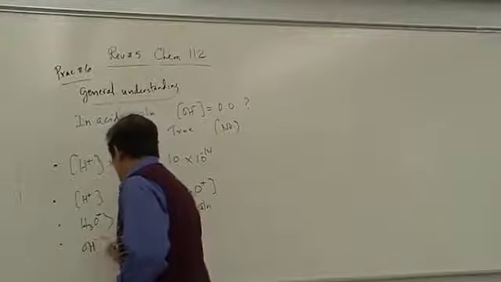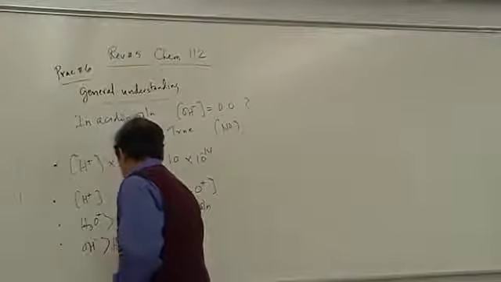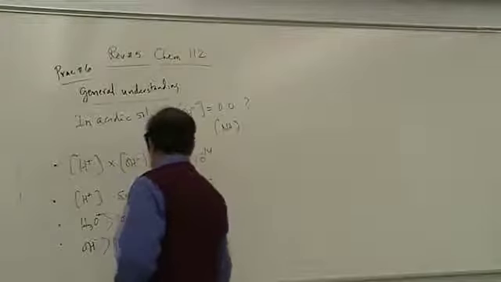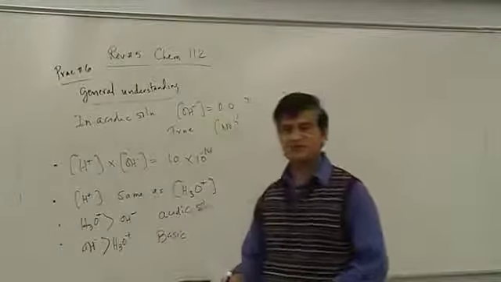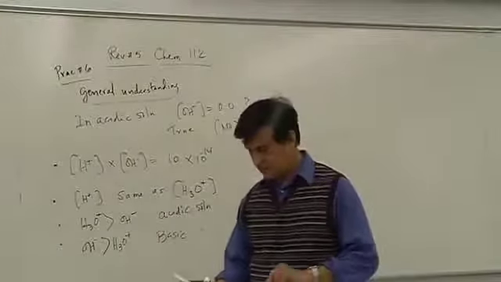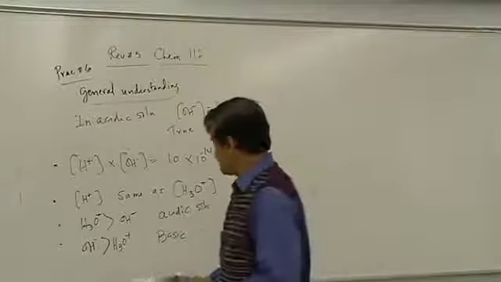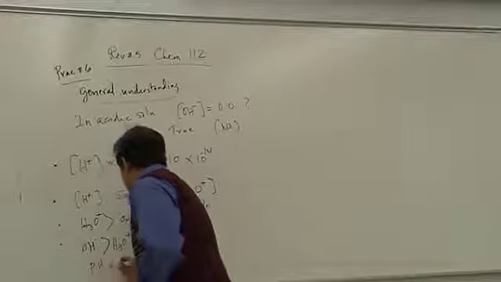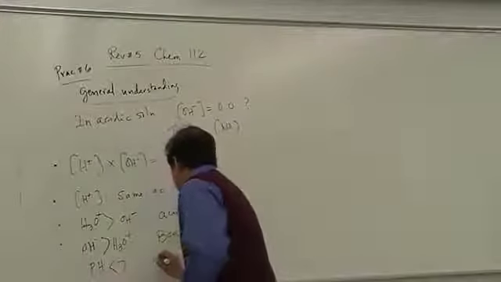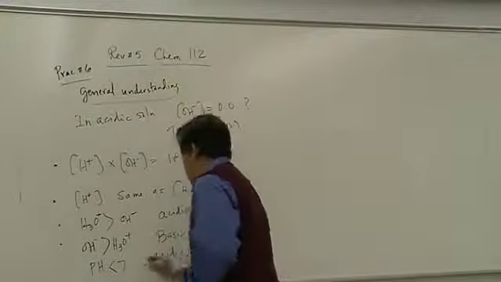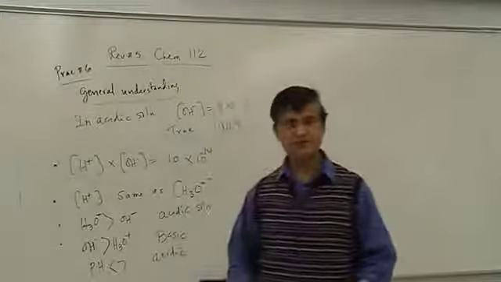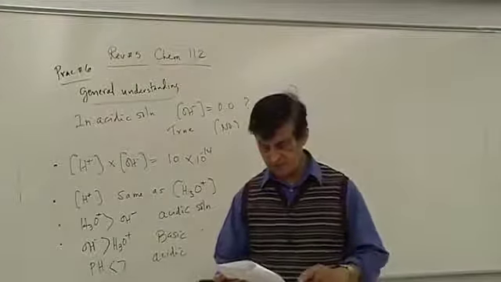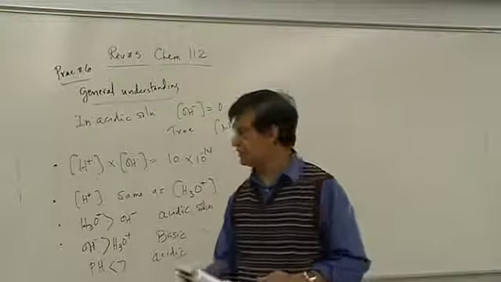You get more OH minus concentration than H3O plus, and that gives you a basic solution. So it's never an absence of the other. Keep that in mind. Also, in acidic solution, we all know that pH is less than 7. For basic, it's more than 7. Equal to 7 means it's neutral as long as we have room temperature, which means 25 degrees centigrade.